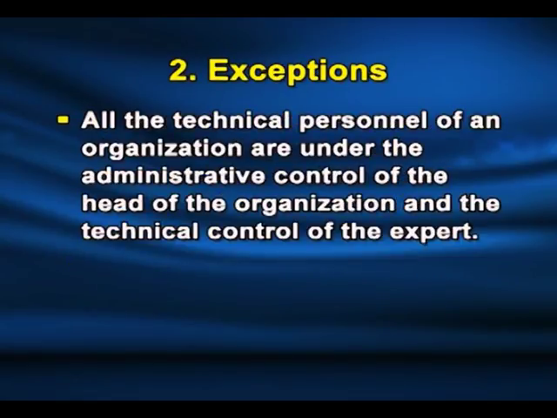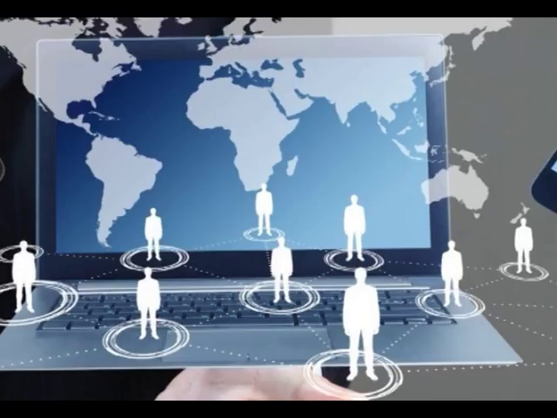All the technical persons of an organization are under the administrative control of the head of the organization and the technical control of the expert. One cannot be an expert in every matter. Hence, any organization has more than one supervisory officer under whom an individual employee has to work.